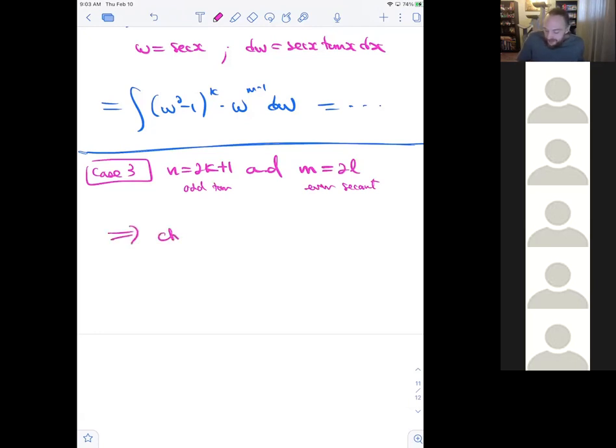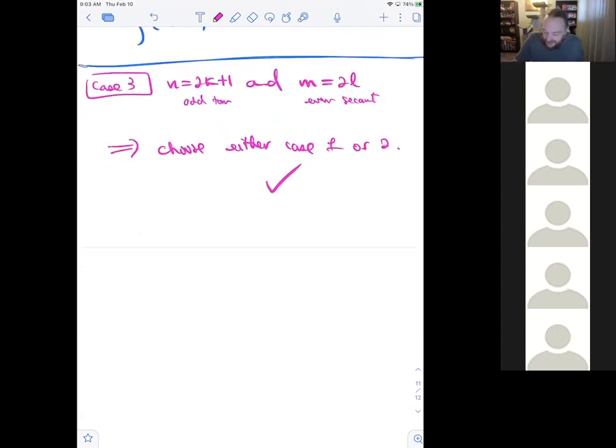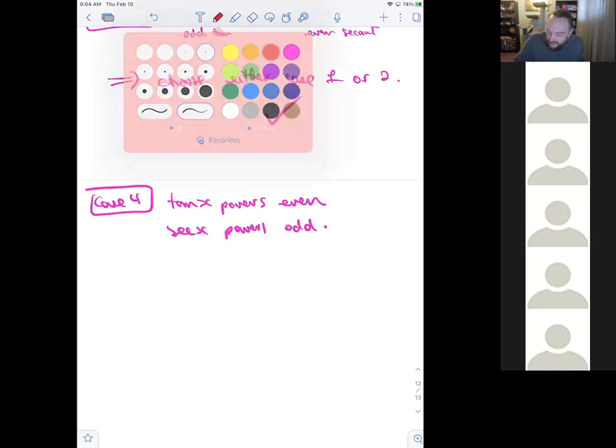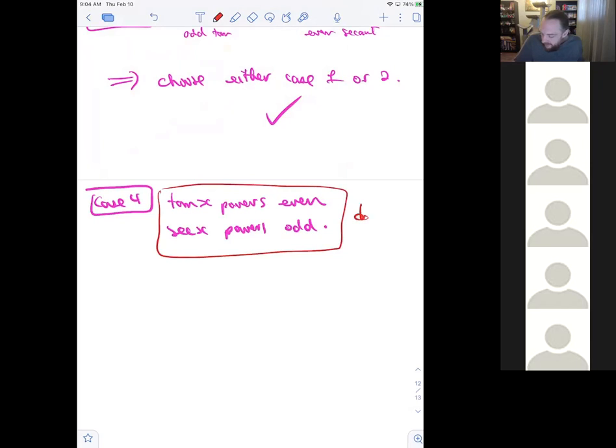Then choose either case 1 or 2. The dangerous case is case 4, when tan is even and secant x power is odd. Danger.